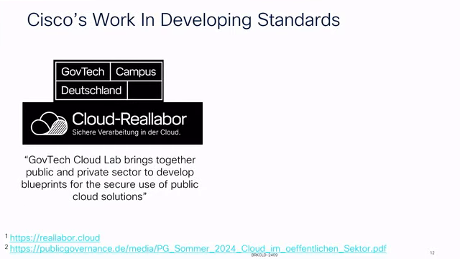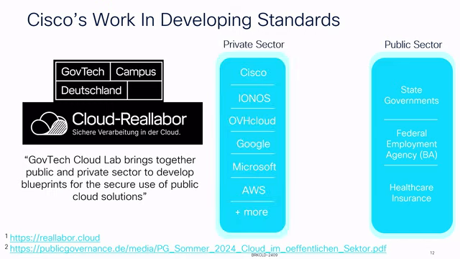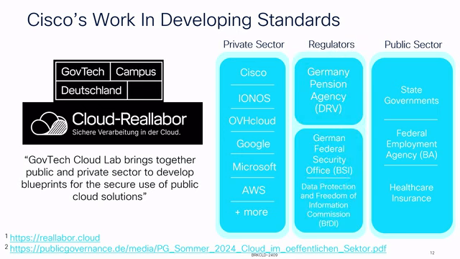And this brings me to the next point. So Cisco, and particularly in Cisco Germany, and particularly myself, work in a body called GovTech. And GovTech are developing standards for the integration of the public sector into public cloud environments. So we were working with the state governments, the Federal Employment Agency, the pension agency, healthcare companies, the private sector, so Cisco obviously, European superscalers, the big 3 hyperscalers, and also the regulators.